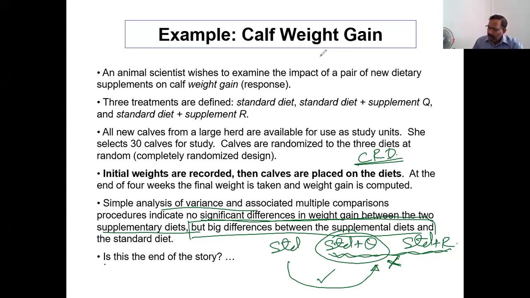Now, can we be satisfied with that result? Already there's a treatment effect, because standard diets with supplement are doing better than the standard diet. Can we stop with that? If you want, you can stop with that.